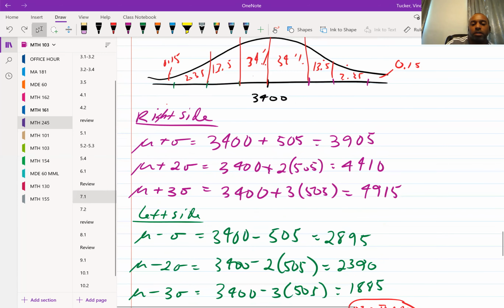Everybody good? So an example of a z-score is 1.23. Z-scores are always rounded to 2 decimal places. So make sure you hold true to that when you do your calculations.